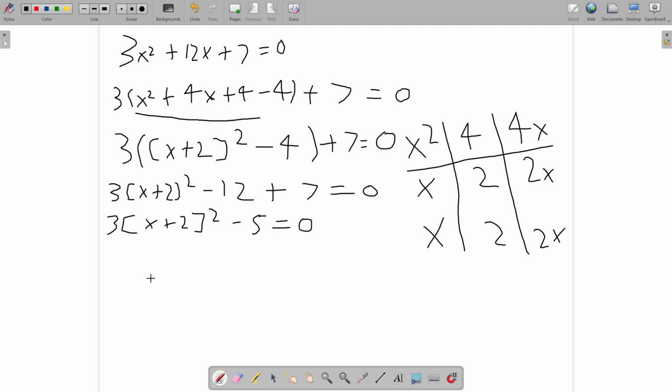We can find the solutions of x. Let's do that. Take everything to the other side. 3 times x plus 2 squared equals 5. X plus 2 squared equals 5 divided by 3.